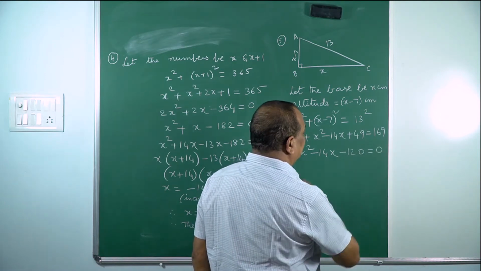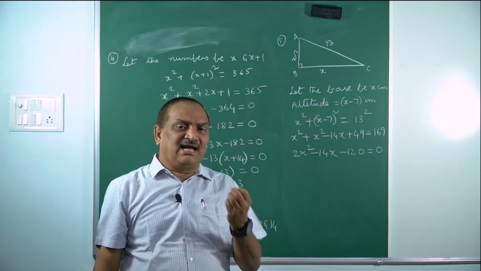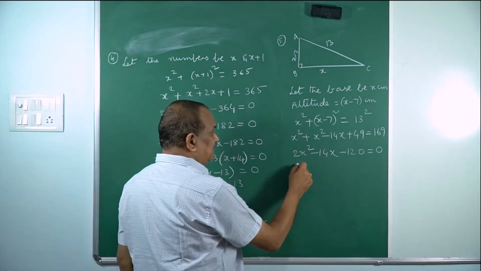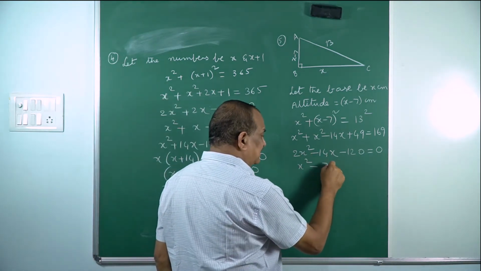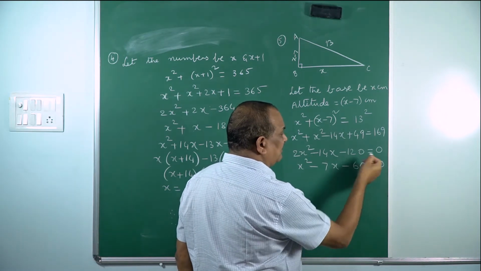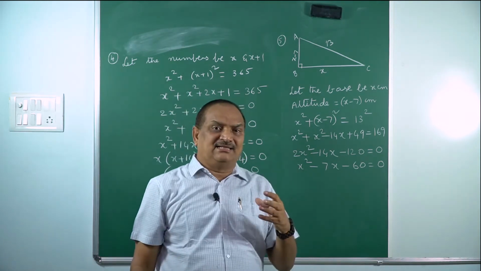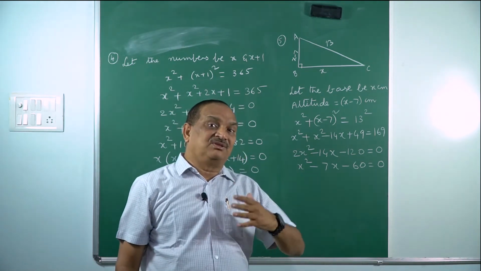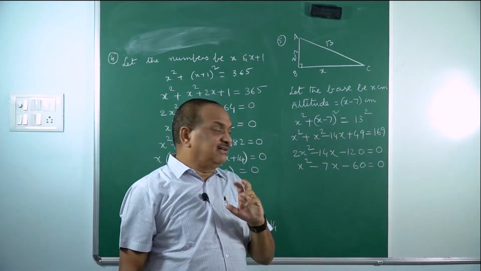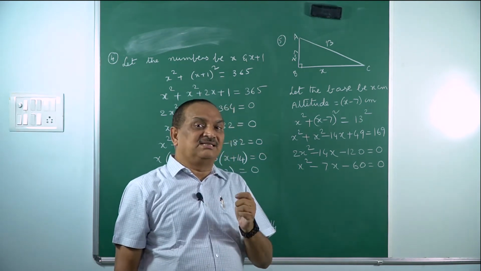Now, as you find even numbers throughout, of course, you can divide throughout by 2. Half of this is x square, half of this is 7x, half of this is 60, half of 0 is 0. So now this minus 60 you can write like 12 times minus 5 or minus 12 times 5. That suits me because the difference is minus 7: minus 12 plus 5, and that is minus 7.